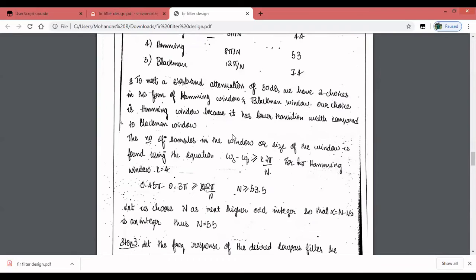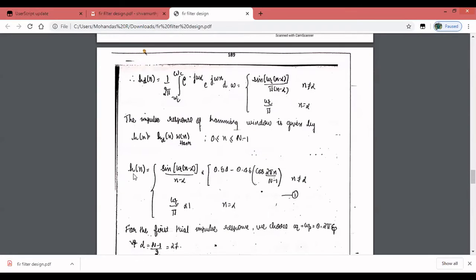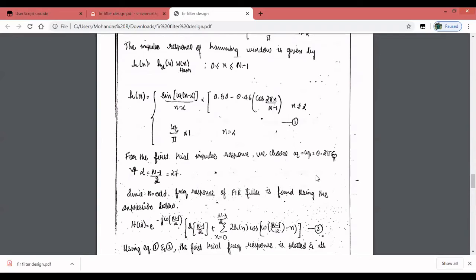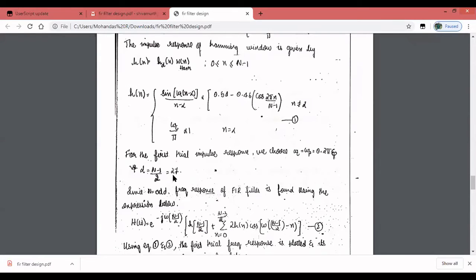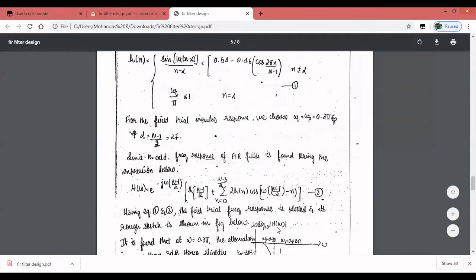Once we find out n, then we find hd of n, that is nothing but h of n. Once we get h of n, then with the trial and error procedure with omega c equal to omega p and the passband requirement, and finding alpha from n minus 1 by 2, which is equal to 27, from those two equations and one more equation, that is the frequency response of the FIR filter for n equal to r, we plot the trial frequency response curve.